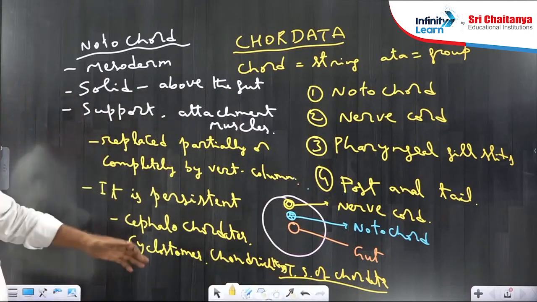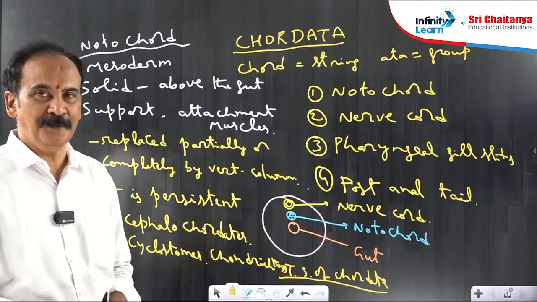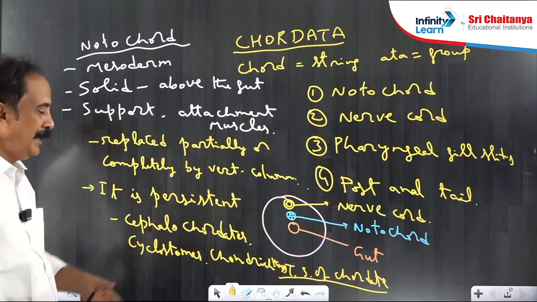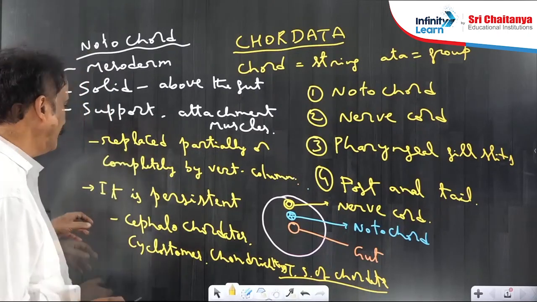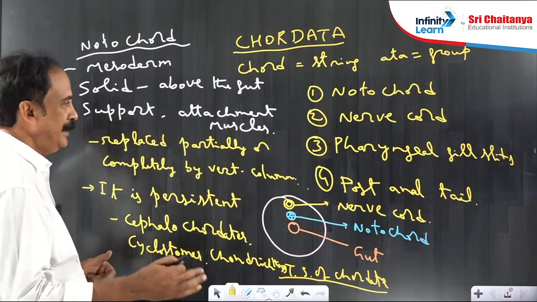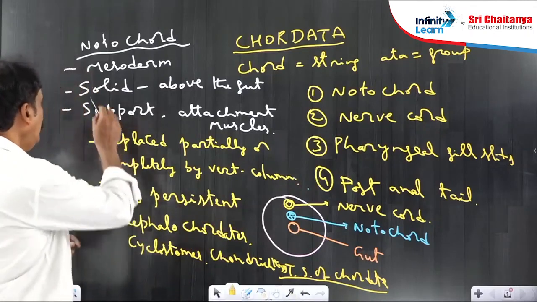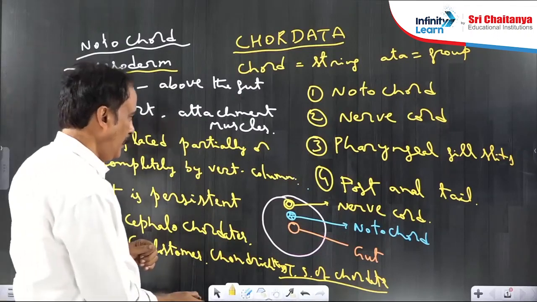Here you will find the notochord is not completely replaced, it is still persistent in the adult. So these examples you need to remember, where the animals contain the notochord and it is not being replaced completely. And the notochord helps in supporting the body and in attachment of muscles, and this is its location. The origin is from mesoderm, that is the structure called notochord.